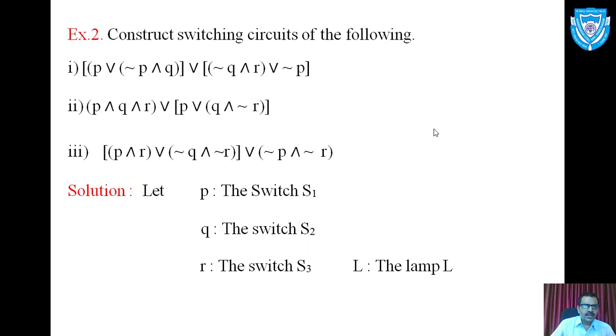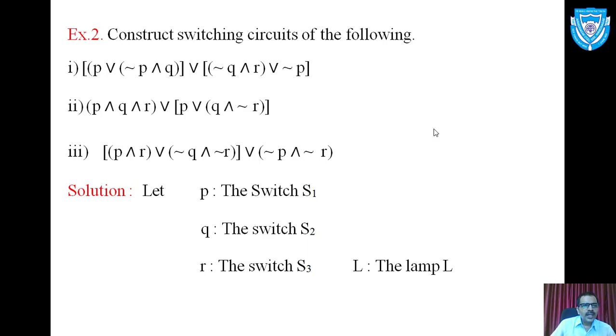Now in the first bit, I think the proposition is given to you: P or (negation of P and Q), or (negation of Q and R, or negation of P).